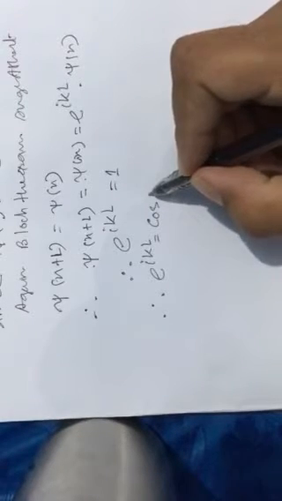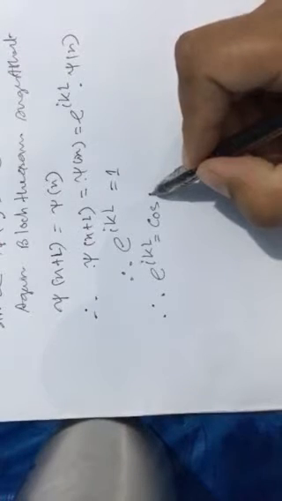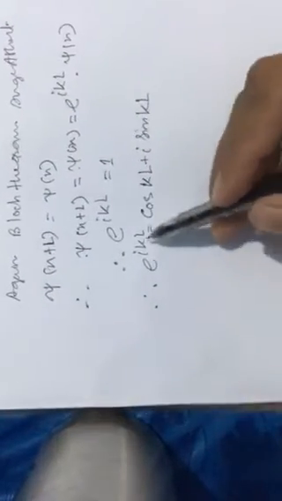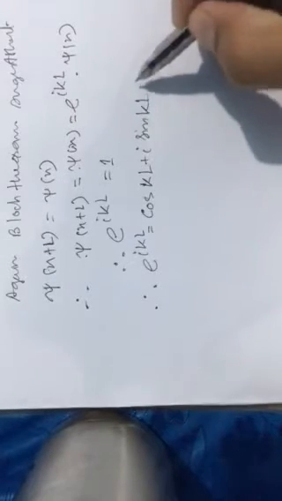So let's do it like this: e to the power i theta equals cos theta plus i sin theta.